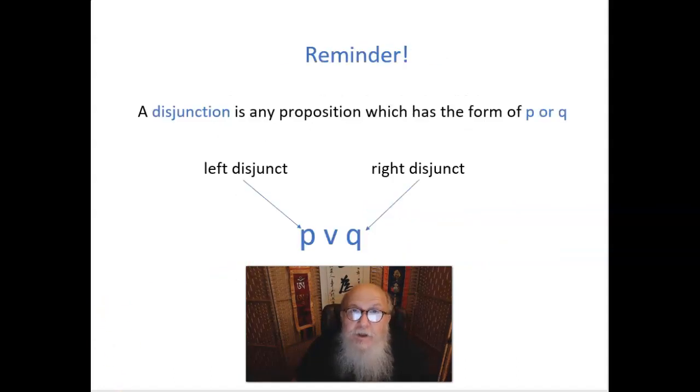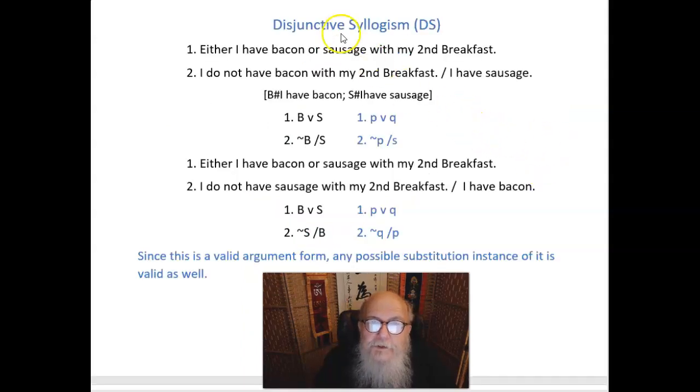Now, another terminological reminder. Remember that a disjunction is any proposition which has the form P or Q, right? And we symbolize or by our V. And this is called the left disjunct, and this is called the right disjunct. And the thing as a whole is a disjunction of P and Q. So this is called a disjunctive syllogism, an act of reasoning that uses disjuncts, symbolized as DS, and it comes in two similar forms.